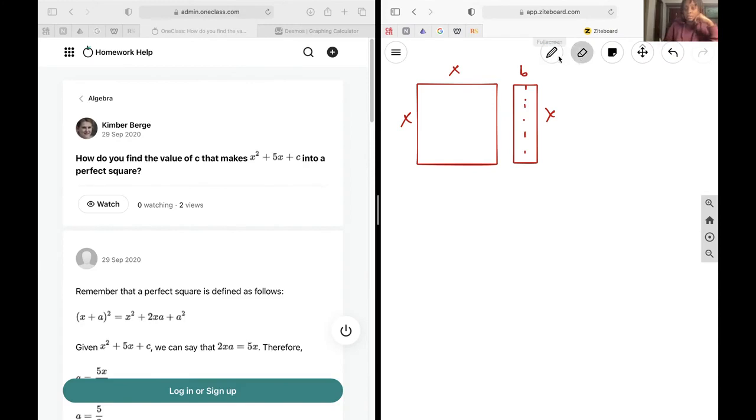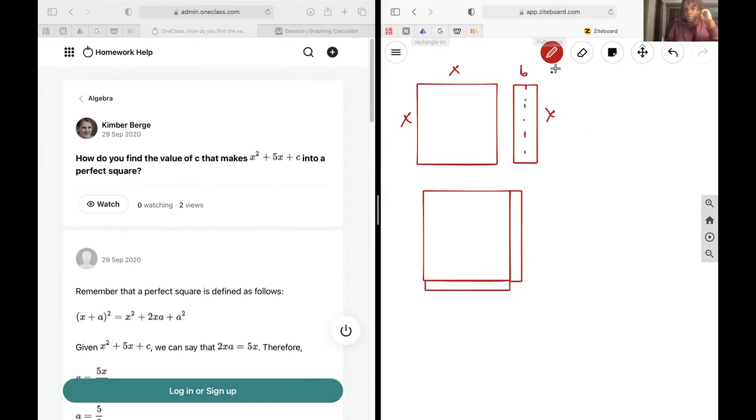And so what that means is I will now have this and a little bit on the other side too. And so almost a perfect square.